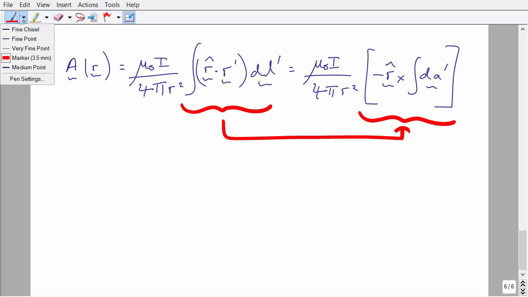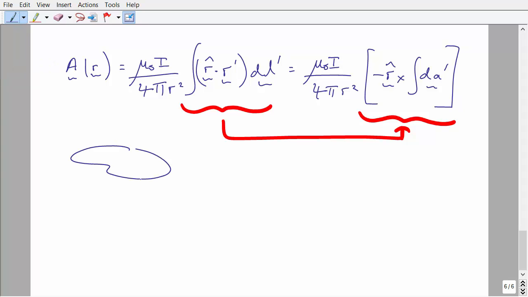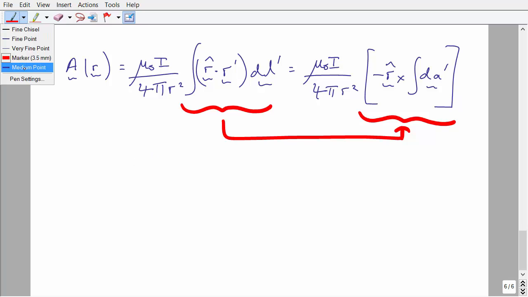So if we had a loop, for example, that looked like that, then the integral of dl prime would be around here, and the dA prime that I've written here would be over the area. Alright, so that's the relationship between those two. Okay, so we're going to identify an object that we're going to call the magnetic dipole moment, and that quantity is going to be the following.